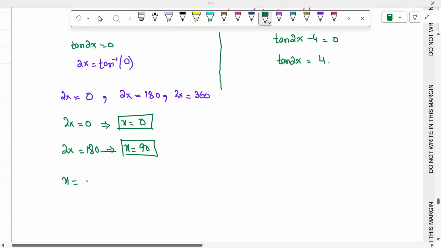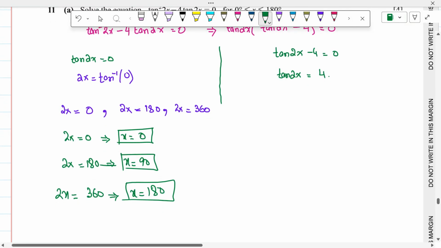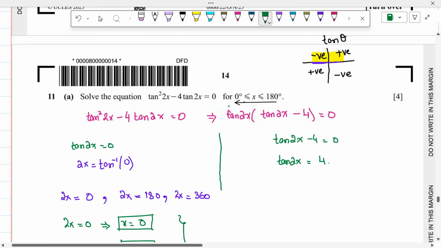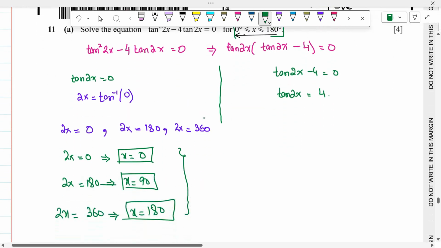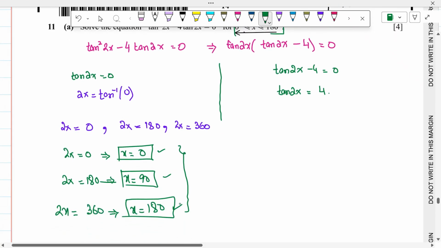Similarly, when 2x is equal to 360, we will have x equal to 180. For tan(2x) equal to 0, we have three values of x, which are 0, 90 and 180, and these three satisfy the angle condition. So the solution of this equation is this one and this one also.